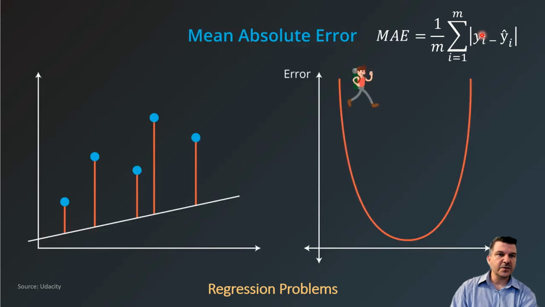Now, this is the distance between the line and the point, from point 1 to point M. So here I have 5 points, it would be from point 1 to point 5. And we say it's the mean of absolute errors because at the end we divide it by the total amount of points. So we come up with a mean of this error.